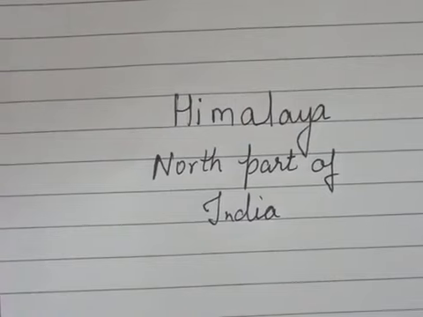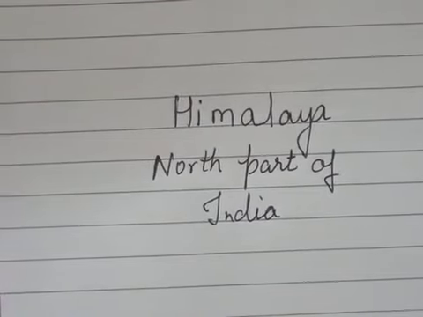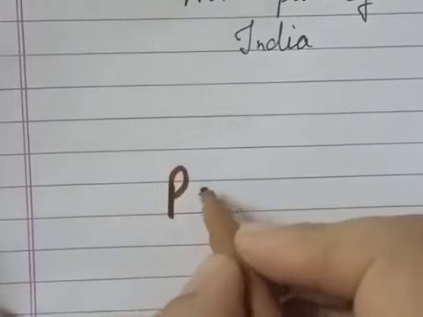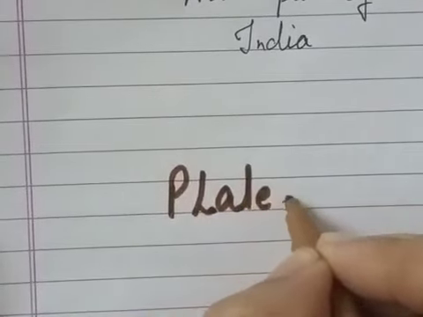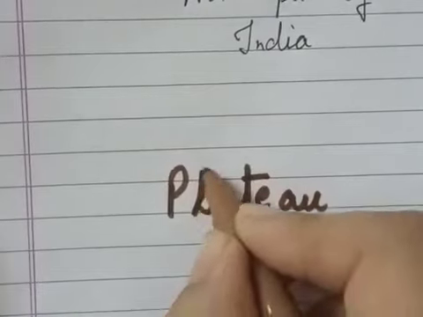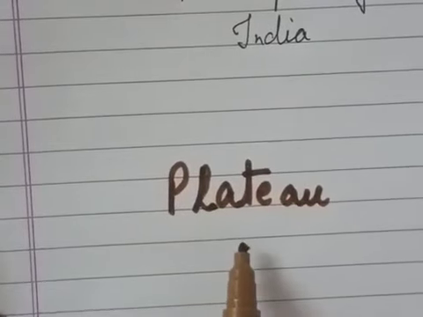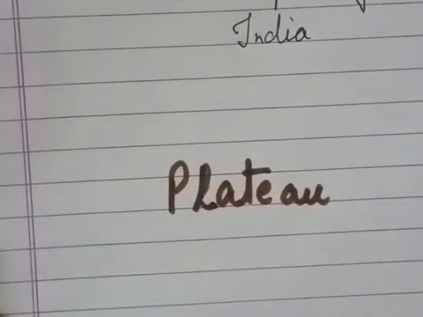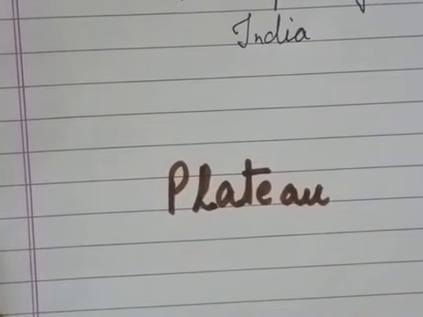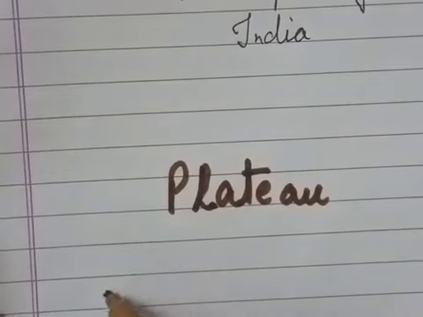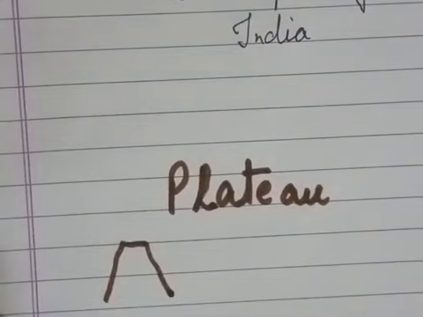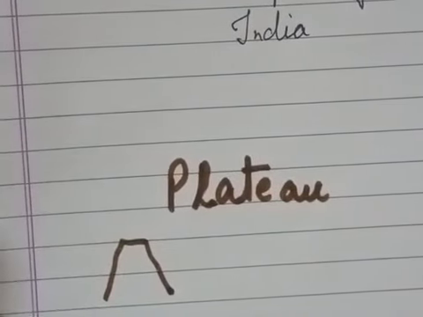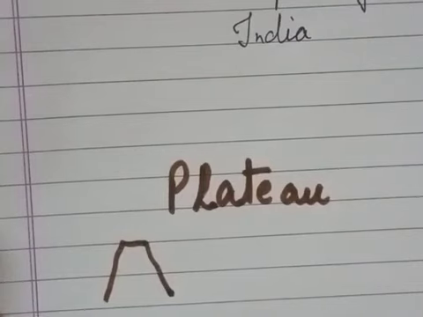Now, what is plateau? प्लेट्यू. आसपास की ज़मीन से कुछ उठा हुआ भाग जो ऊपर से समतल होता है उसको प्लेट्यू कहते हैं. A land which is triangular but flat at the top is called plateau.